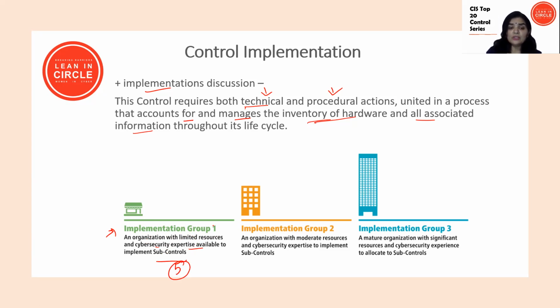So an organization with limited resources and limited security expertise comes under implementation group 1. Group 2 is for organizations with moderate resources and security expertise to implement the sub-controls. And implementation group 3 is for a mature organization with significant resources and cyber security experience to allocate to sub-controls.